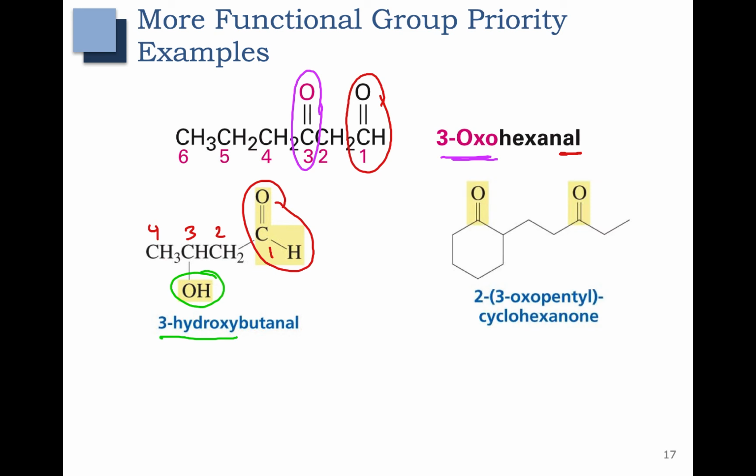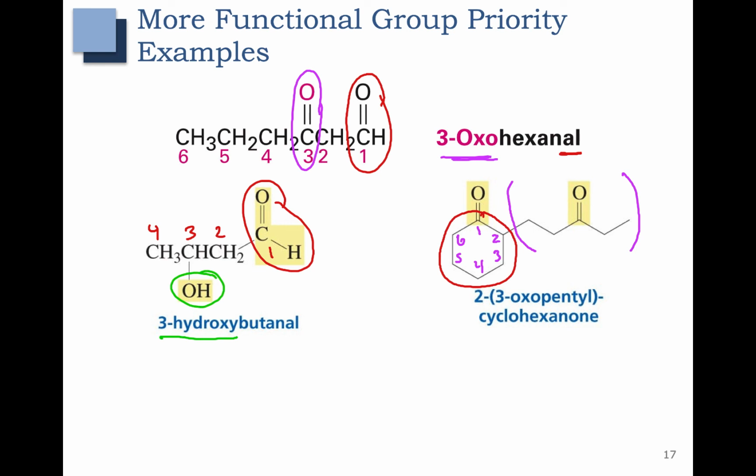This is a fun example because we get to use parentheses. We have a 6-membered ring here, which becomes our parent chain. If we number starting at the ketone, that puts our substituent at position 2. So that becomes the part that we put in parentheses.